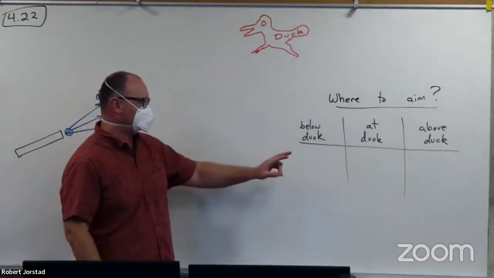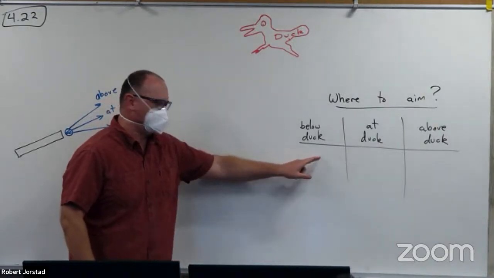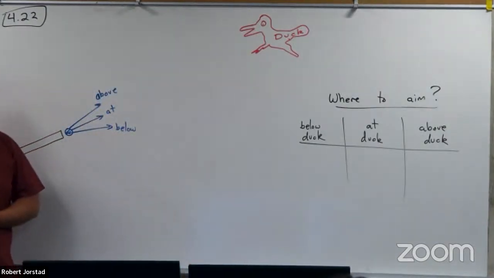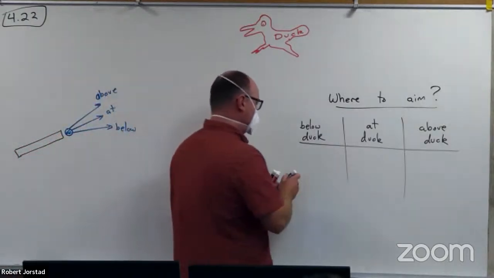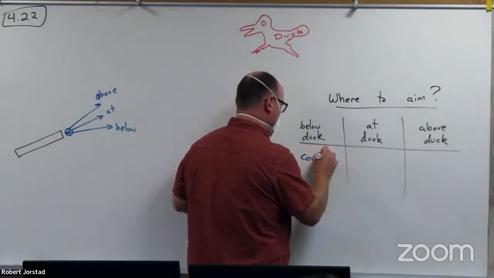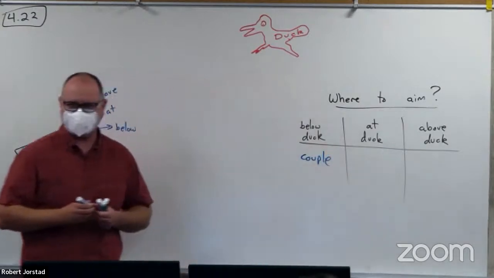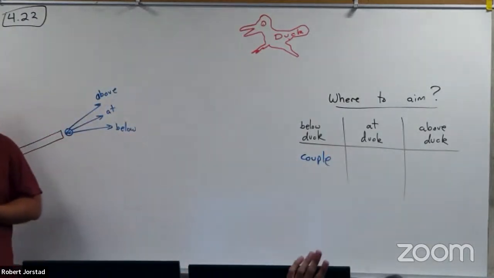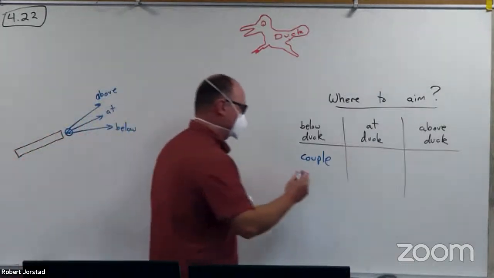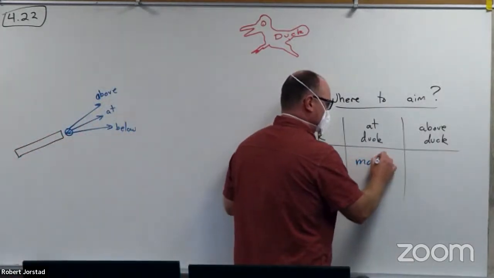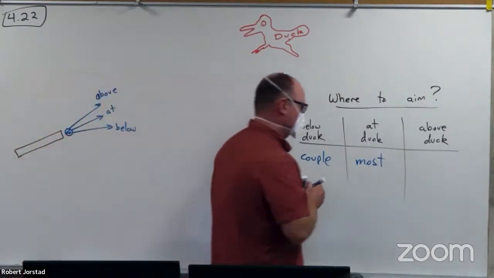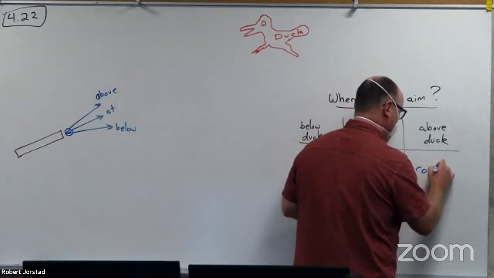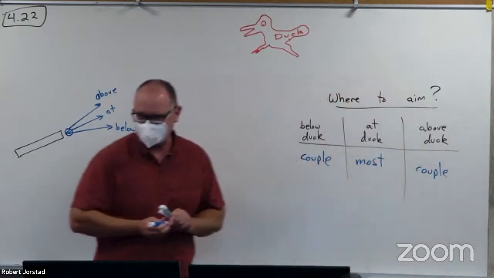So at this point, how many think you need to aim below the duck? Raise your hand. Okay, got a couple. How many think you need to aim at the duck? Got a few, most. And then how many think you need to aim above the duck? Got a couple. All right. So notice this is not an intuitive problem.